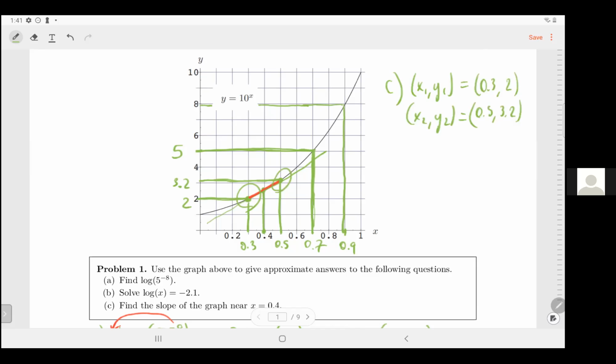Okay, and from there, all it's asking for is slope. So slope is y2 minus y1 over x2 minus x1, which in this case, that's 3.2 minus 2, 0.5 minus 0.3. So 1.2 over 0.2 gets you what, 6?